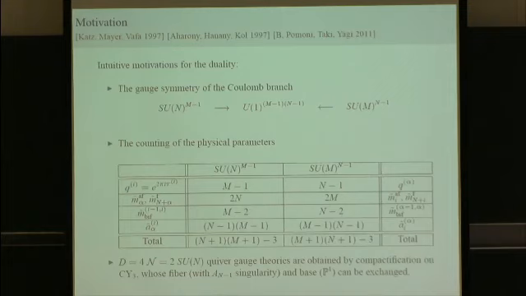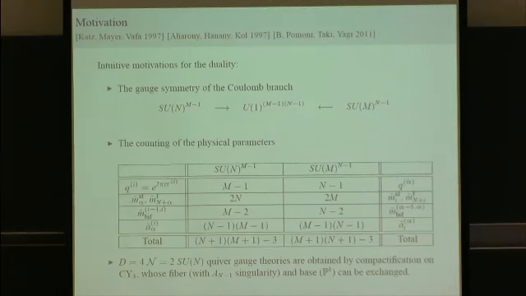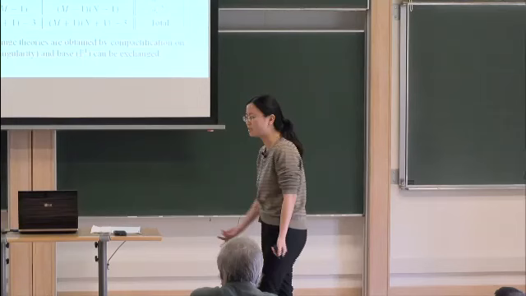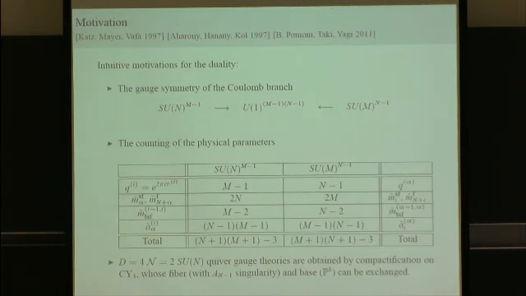This Calabi-Yau manifold can be written as a fibration with A_{N-1} singularity fibered over a base which is S^2. From the equations you could see that there's a symmetry between the fiber and the base. So these authors argued that you could exchange the base and the fiber, leading to a duality between SU(N)^{M-1} and SU(M)^{N-1}. This is the first argument, based on geometric engineering.